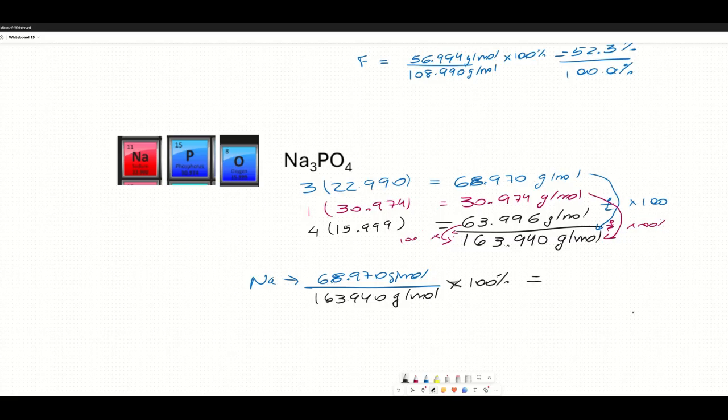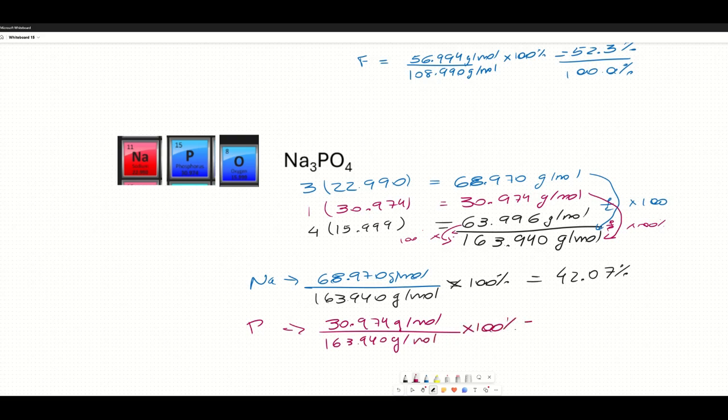So 68.970 divided by 163.940 times 100 will be 42.07%. And then we go to phosphorus. We have 30.974 grams per mole divided by 163.940 grams per mole, times 100.